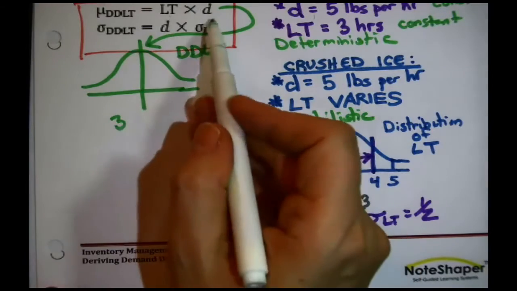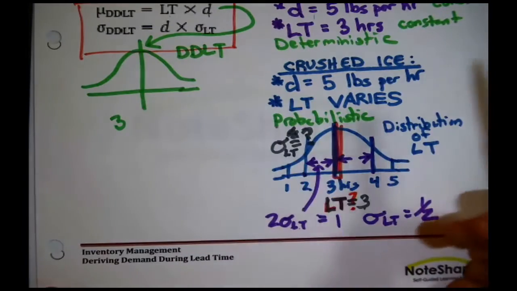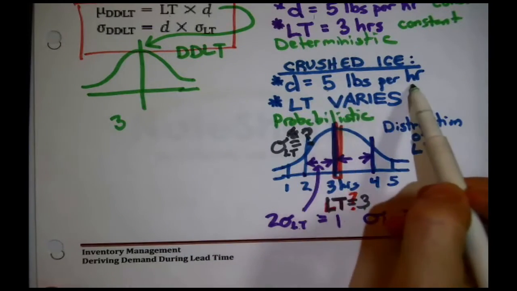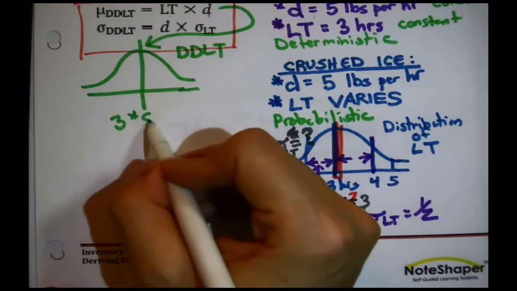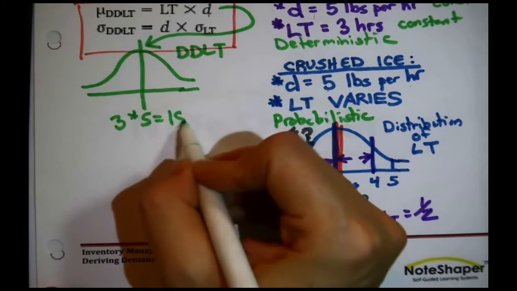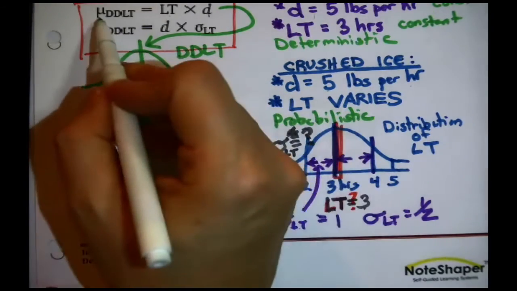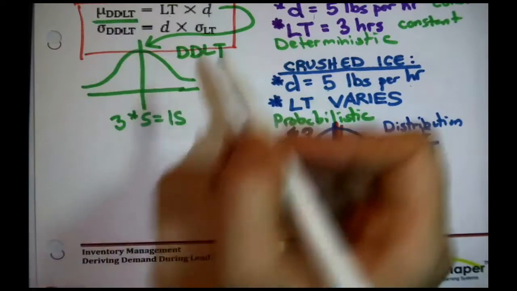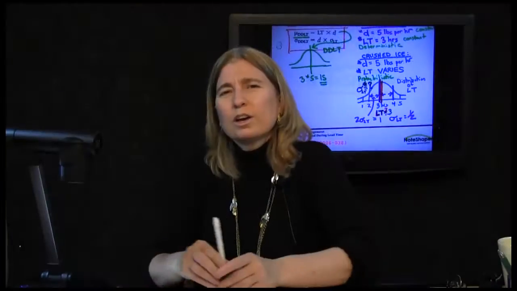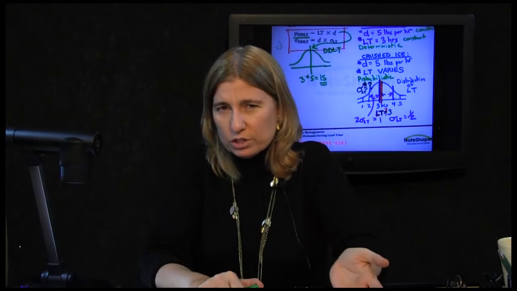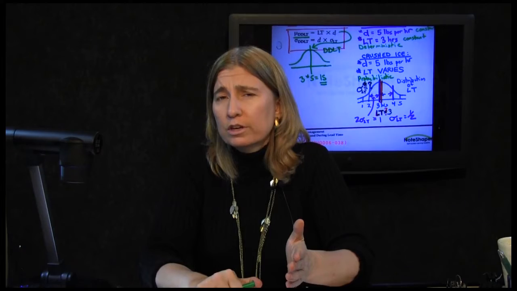And then the D is the demand rate, well that's 5, equals 15. So the average demand during lead time is 15. The average amount of crushed ice that is needed during lead time is 15 pounds, the same as the exact amount of cubed ice that is needed.